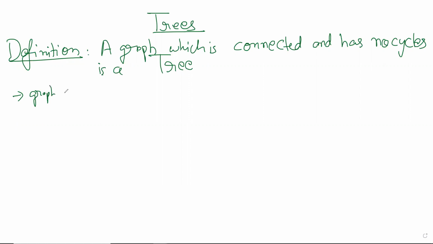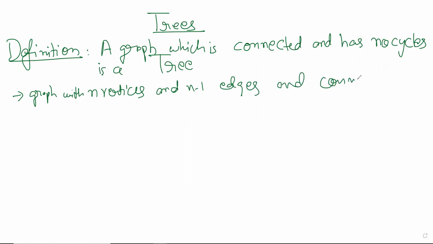A graph with n vertices and n minus 1 edges and connected. This can also be taken as a definition of a tree. We have proved that these are the same things, right?